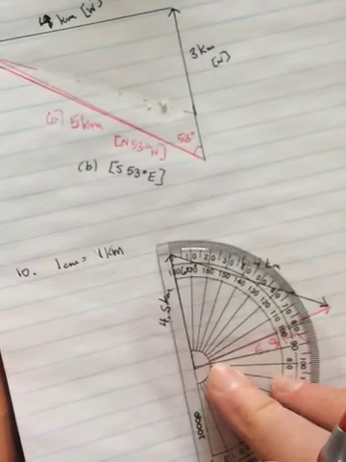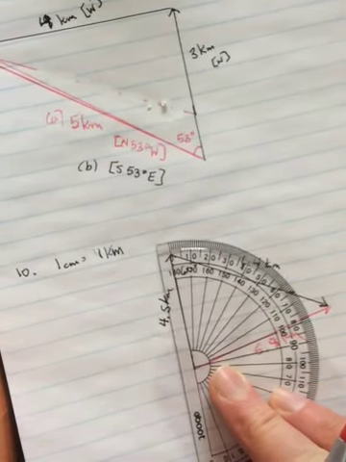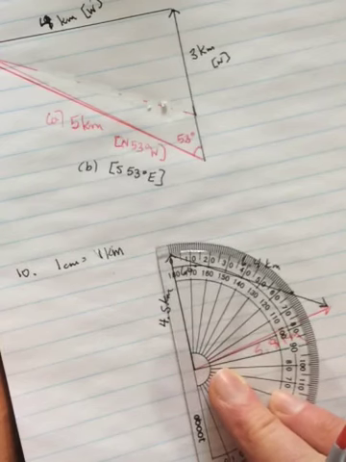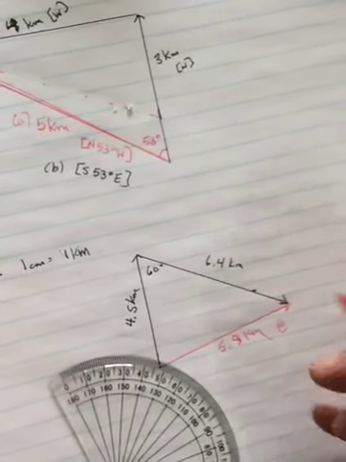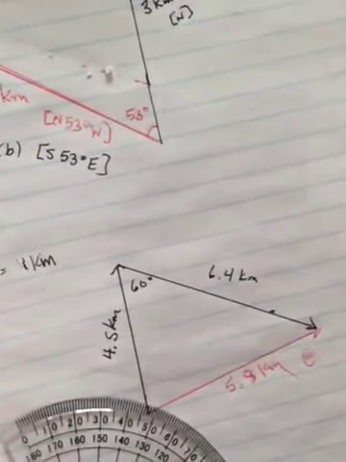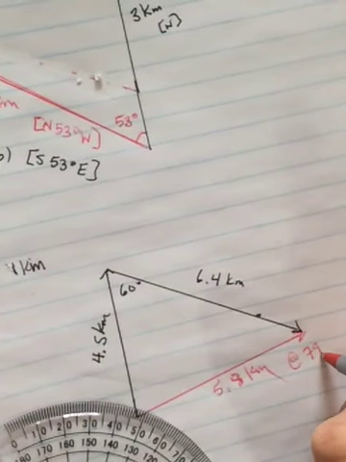So put it right here along here. And I get almost, not quite lined up, almost 80 degrees. Okay, so at an angle of something like maybe 79 degrees.